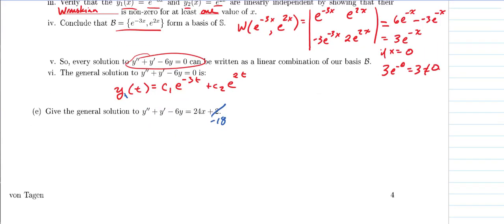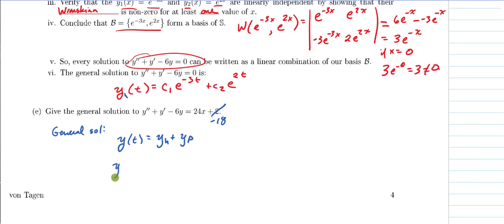So now we can give the general solution not just to the homogeneous ODE, but to the original non-homogeneous ODE, the equation that we were asked for. So our general solution, by the principle of superposition and a few other facts about vector spaces, is that y sub t is equal to y sub h plus y sub p.